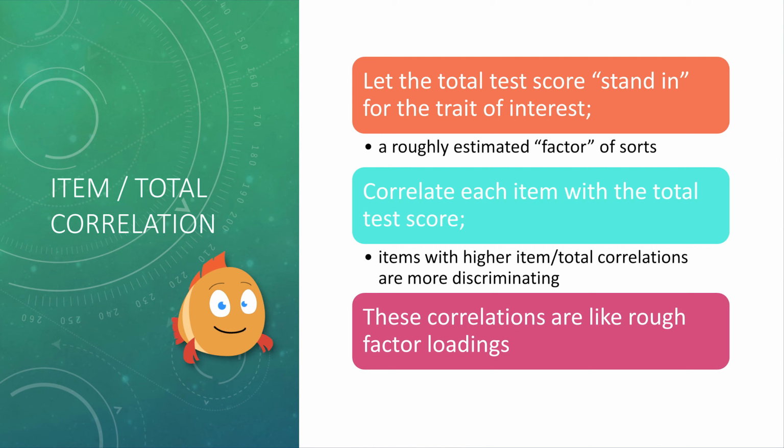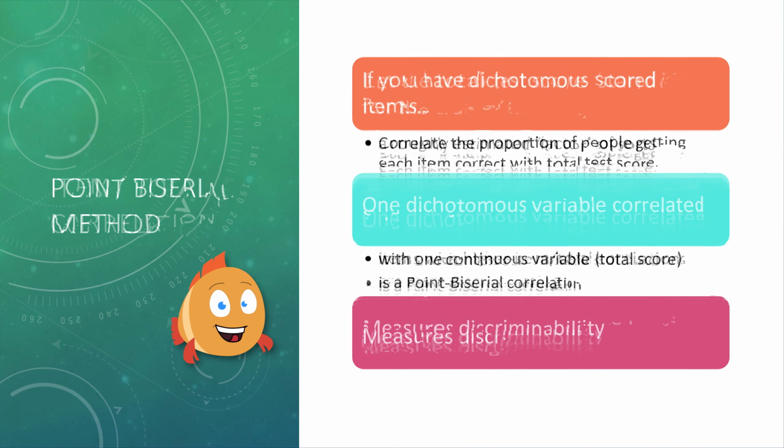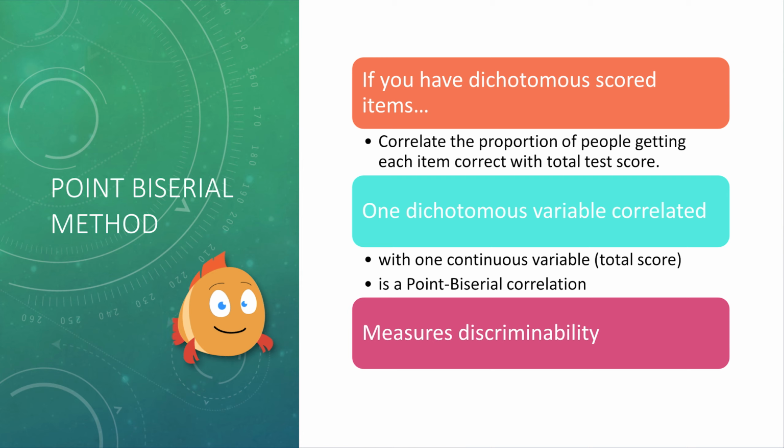Items with higher item total correlations are more discriminating because an increase in scoring on one question is strongly associated with increases in the overall trait. Low correlations or negative correlations can be problematic, although with a negative correlation you can just flip it.